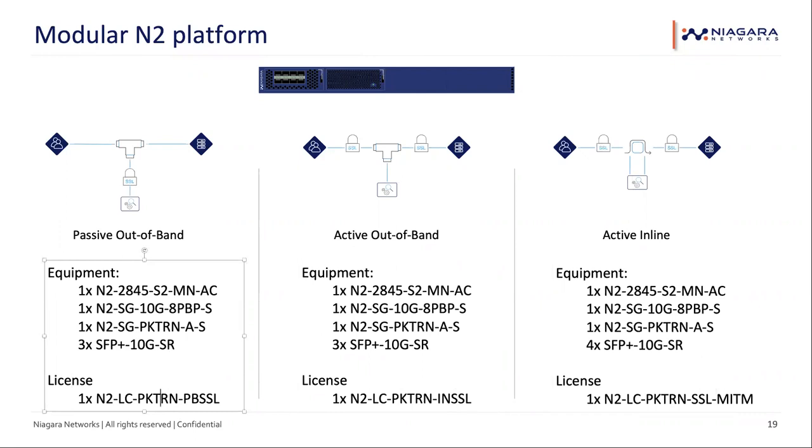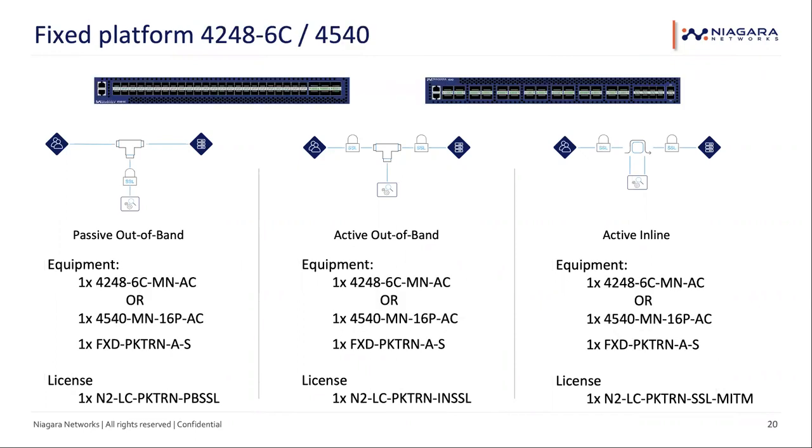As of this year, we introduced 2 new packet broker platforms, the 42486C and the 4540, which are fixed packet brokers or semi-fixed packet brokers, in a way that the packet broker ports are all fixed, but you are able to insert up to 2 Packetron modules at the rear. So these modules can be used to run any kind of virtualization, any kind of visibility intelligence applications, so deep duplication, packet slicing, etc. Also, encryption is supported on these modules as well.